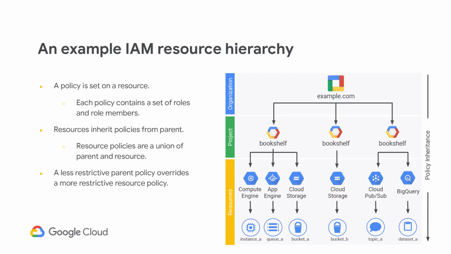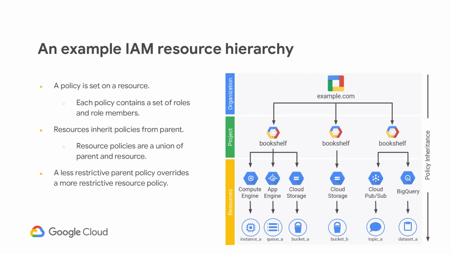There is one important rule to keep in mind. The policies implemented at a higher level in the hierarchy can't take away access that's granted at the lower level. For example, suppose our policy is assigned to a bookshelf project. Let's assume that I gave Bob the right to modify a cloud storage in the bookshelf project.